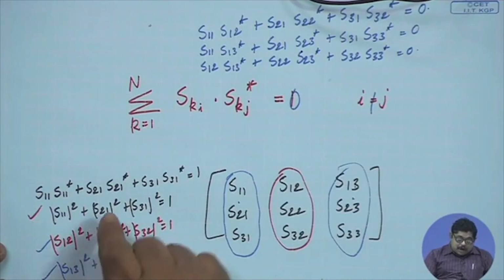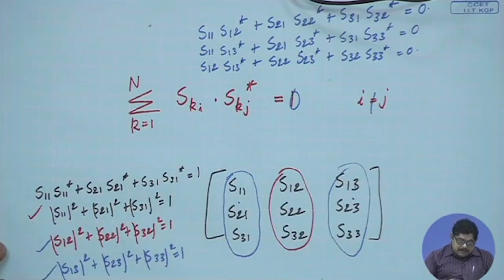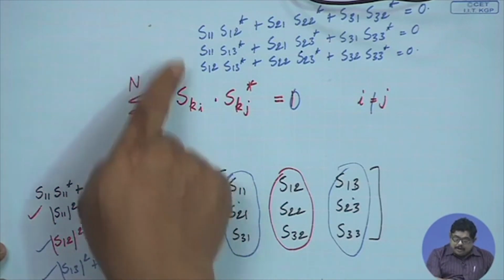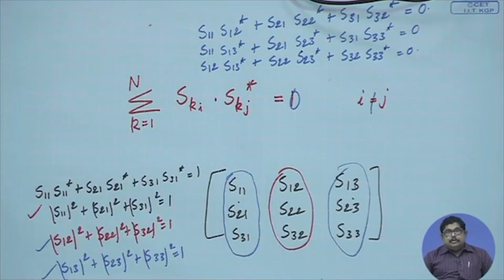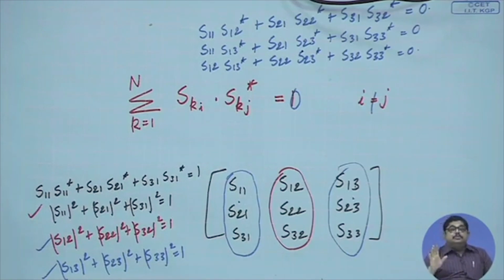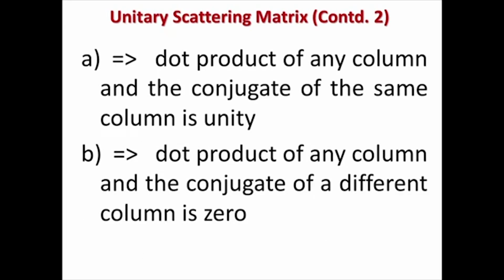So, to be unitary, these 3 and these 3, the 6 equations need to be satisfied, then we will say the matrix is lossless or unitary matrix. So, in a lossless network, its scattering matrix satisfies all these equations.